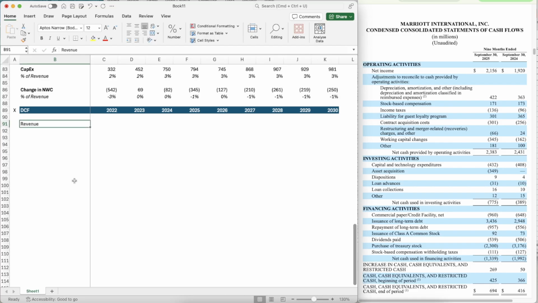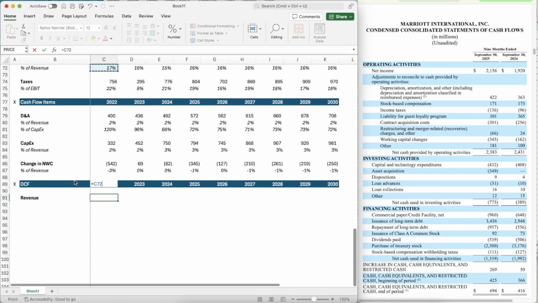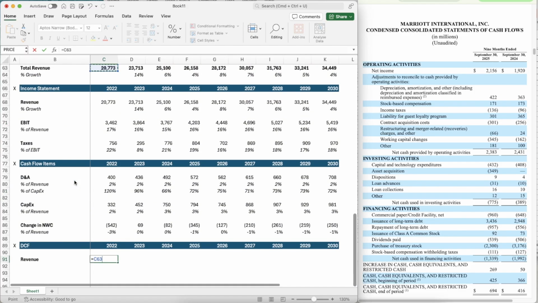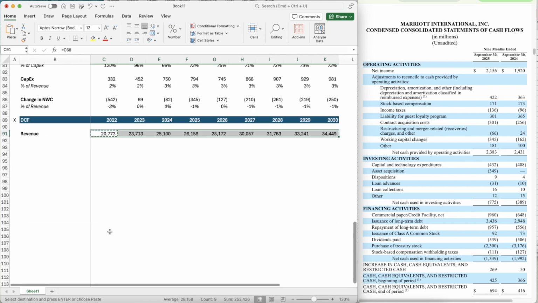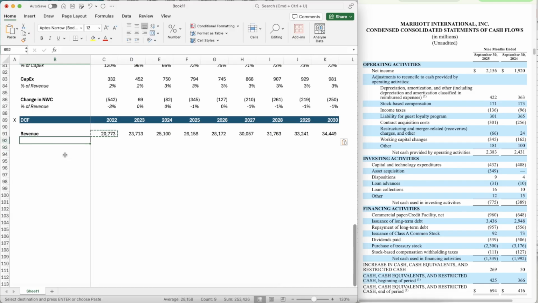Again, revenue, put it equal to what would it be?